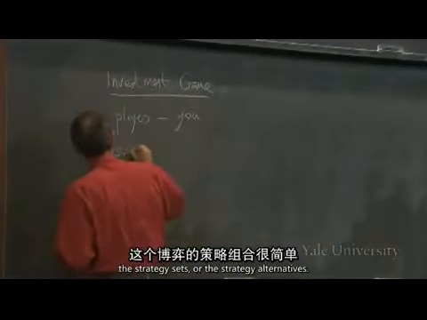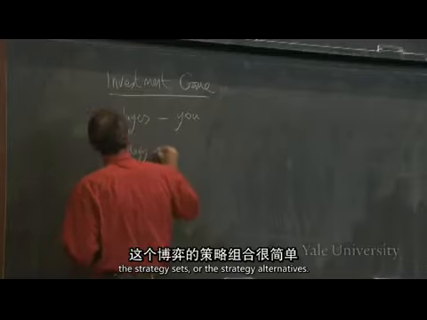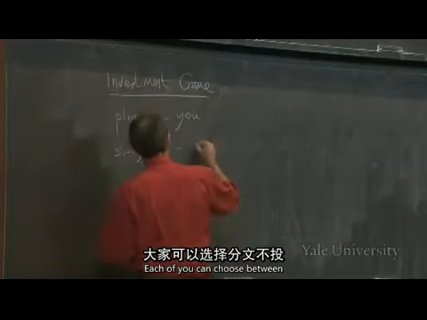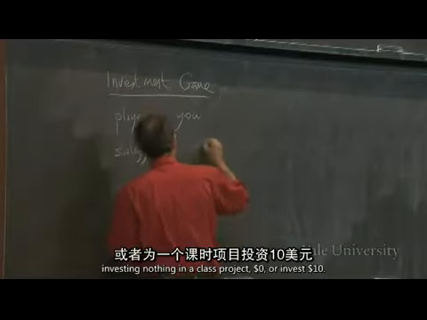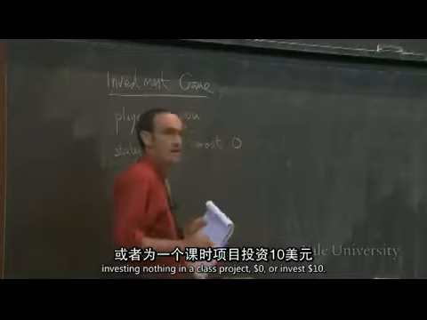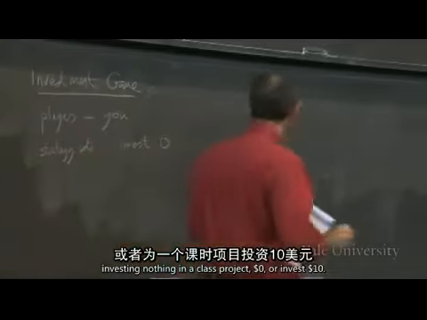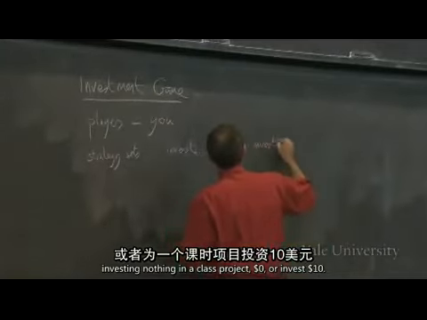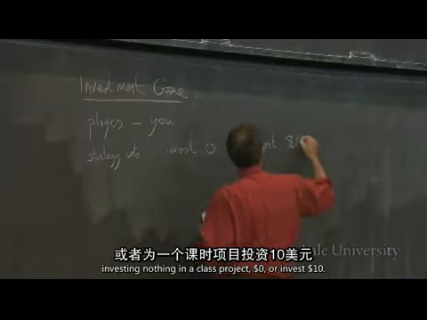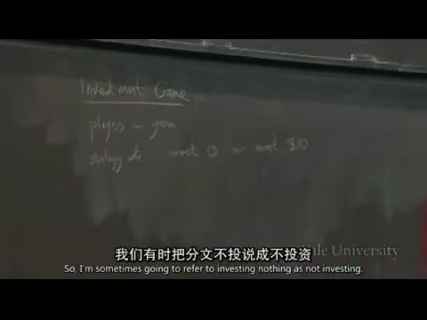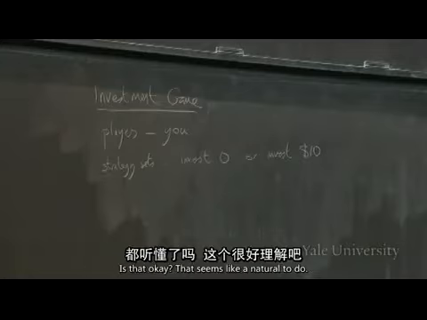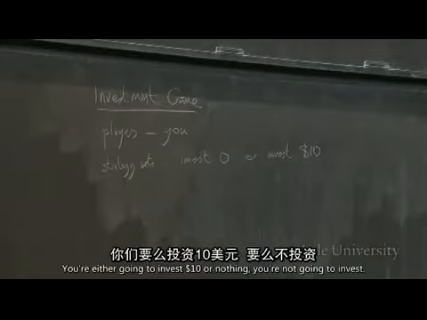The strategy sets, or the strategy alternatives: each of you can choose between investing nothing in a class project, 0, or invest $10. All right? I'm sometimes going to refer to investing nothing as not investing. Is that okay? It seems like a natural thing. So you're either going to invest $10 or nothing, i.e. you're not going to invest.